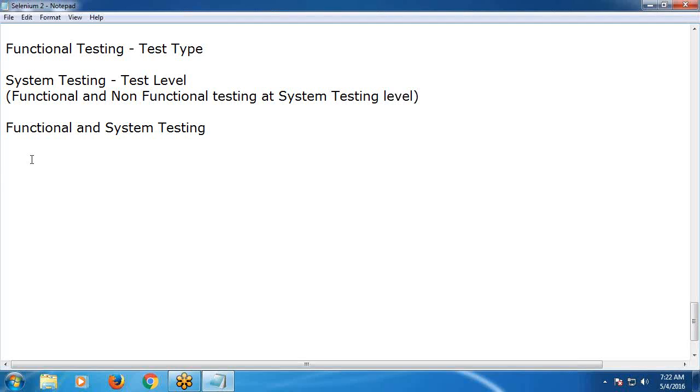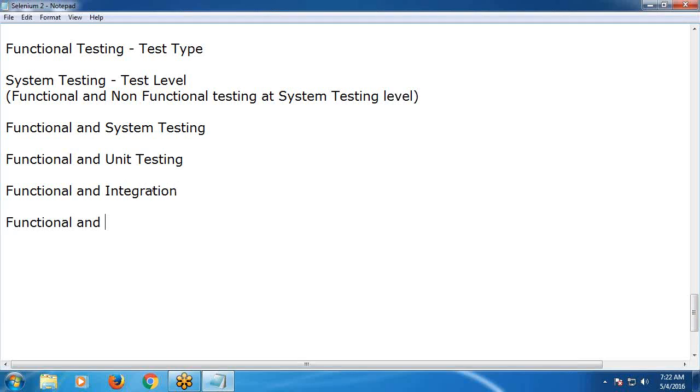See other combinations. Functional and unit testing, developers conduct. Next, functional and integration testing. Next, functional and acceptance testing.